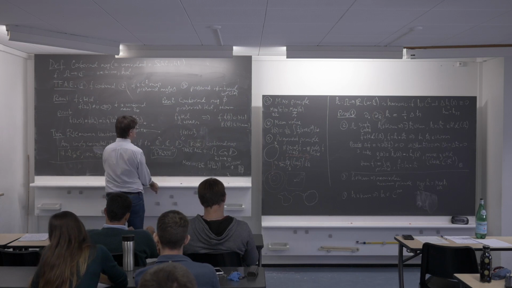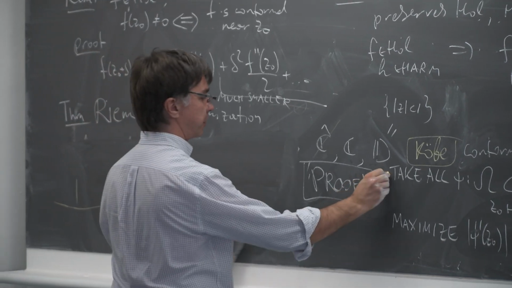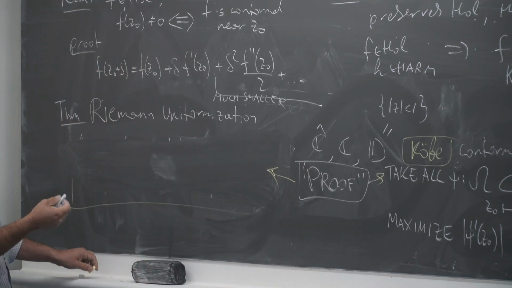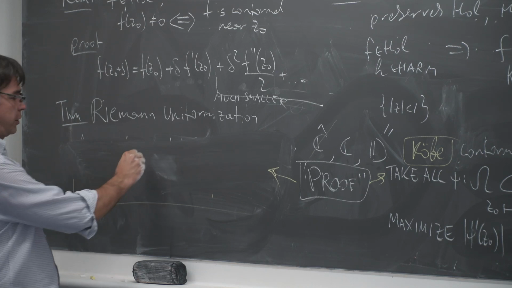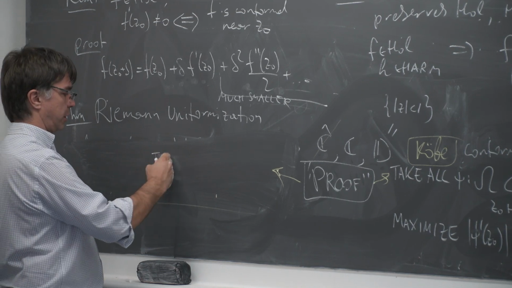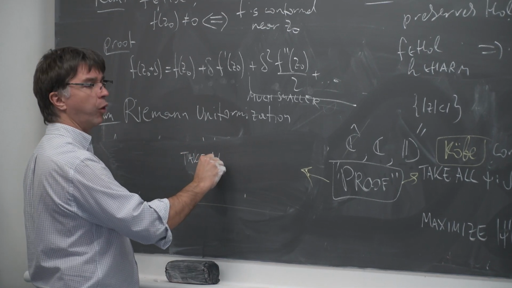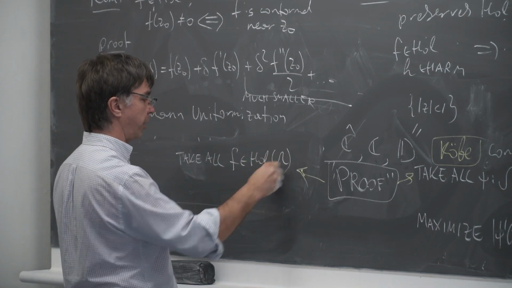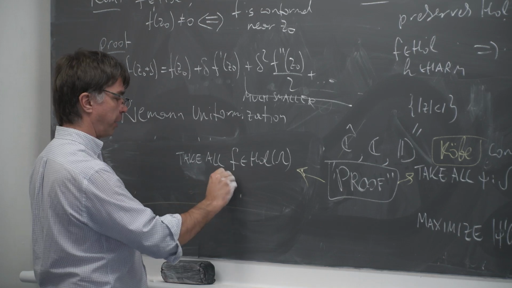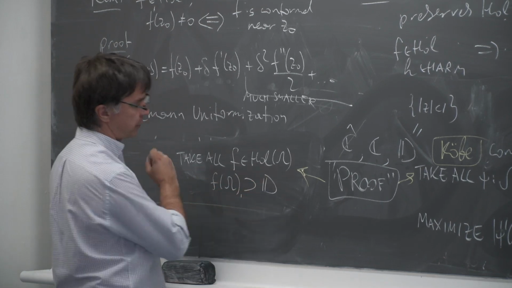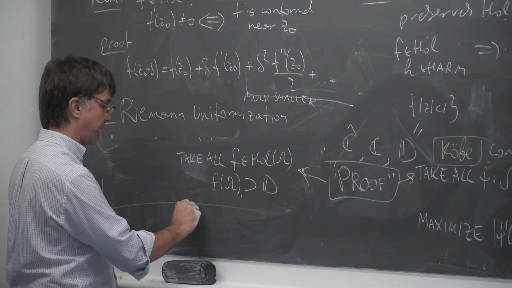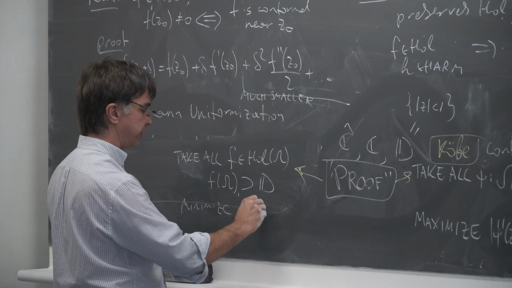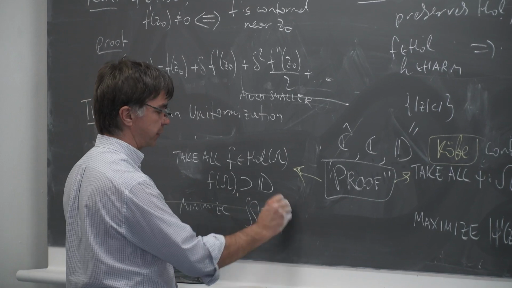There is another proof. This is by Bergman, I think. You take f, which is holomorphic in omega, so that f of omega covers the disk, and then you minimize the area integral of gradient f squared.